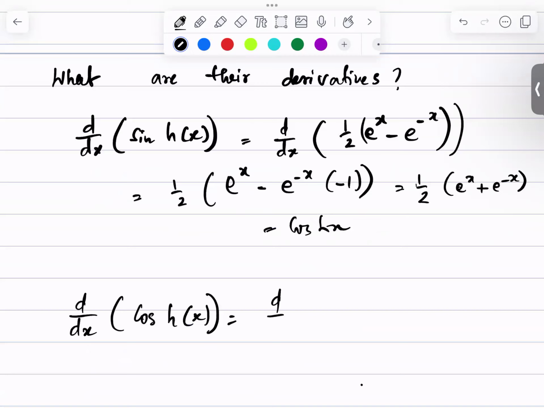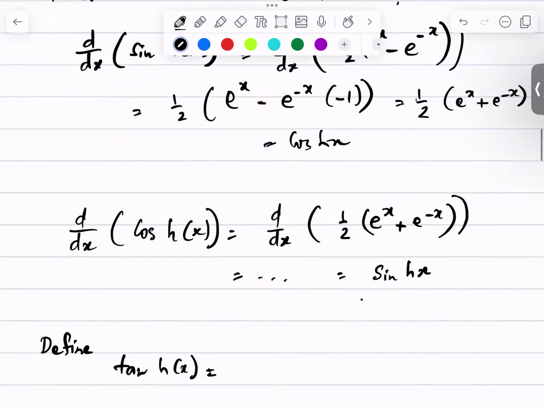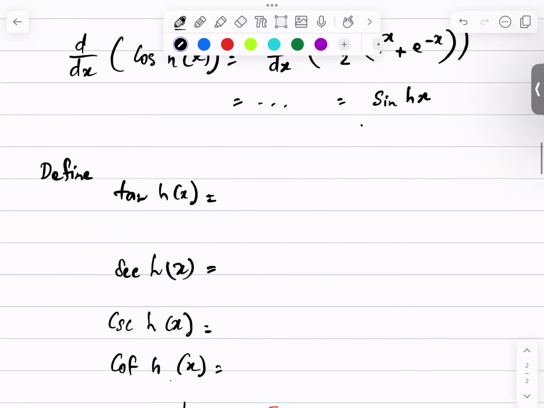Similarly, for cosine hyperbolic x, we will do the same sort of thing. And if you do the derivative term by term, then you'll get the answer to be sine hyperbolic x.